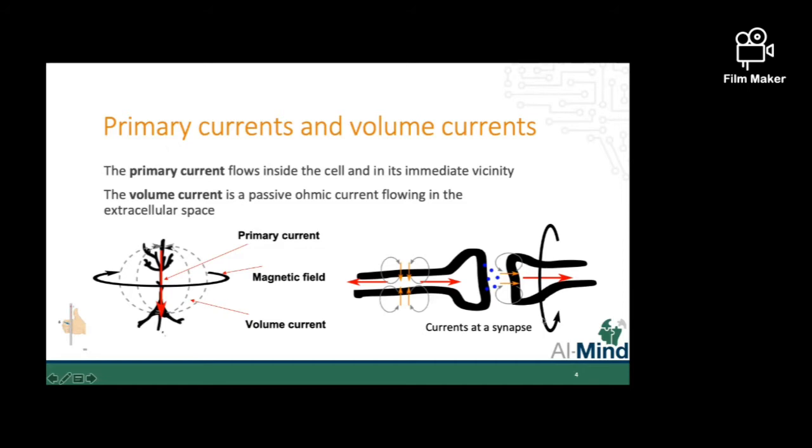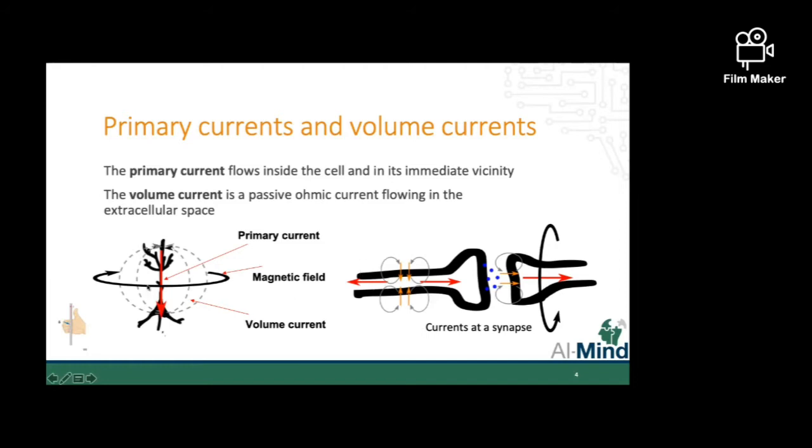And at the postsynaptic part of the synapse, we have a dipolar field where currents are flowing in just one direction. And the electromagnetic field is then caused by all currents that are flowing.